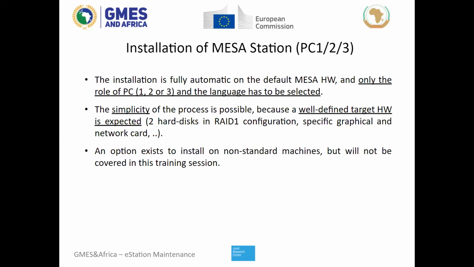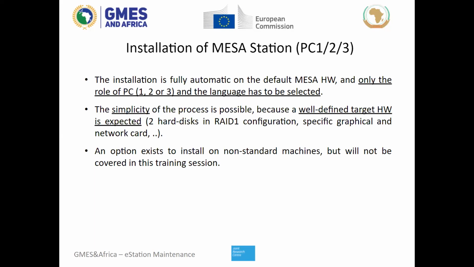Of course, there is also a way to install non-standard machines, but it is not going to be covered in this training, since generally we don't suggest installing the Mesa station on non-default machines.